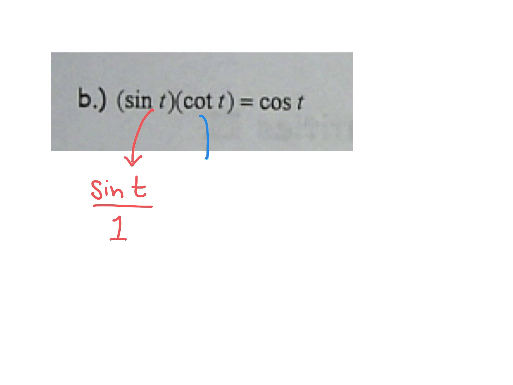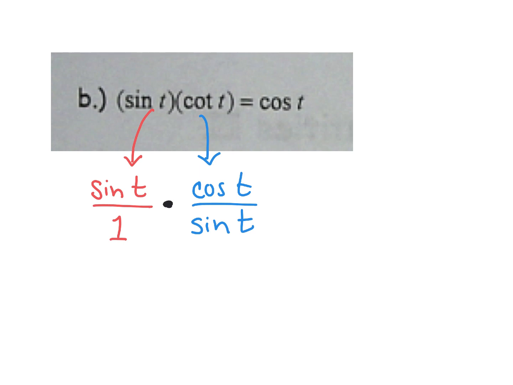And then again, if I want to take things back to sine and cosine, for cotangent, I would just use my quotient identity for cotangent. And that guy just says, hey, we're cosine t over sine t. You see the magic that happens there?